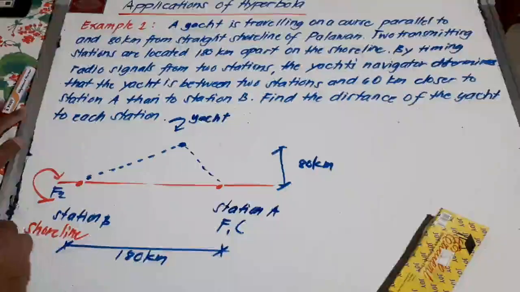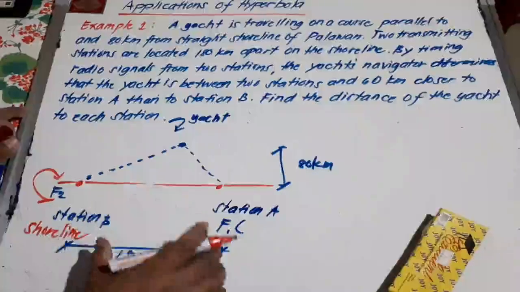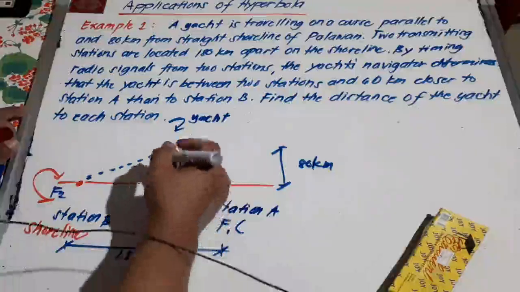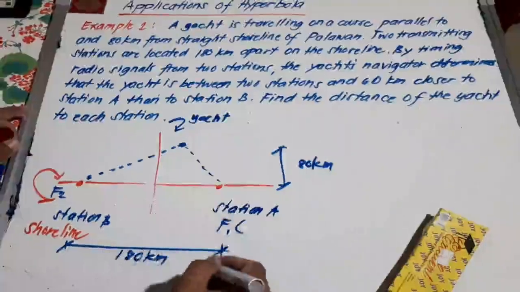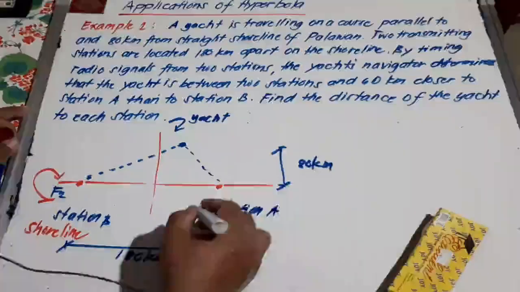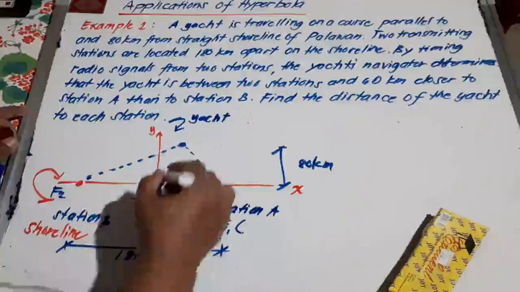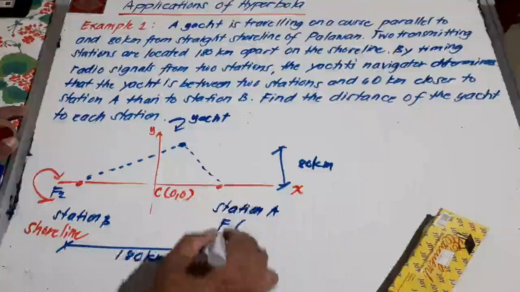Okay, 180 kilometers. So, makatuwid, if we're going to divide 180 kilometers into half, yun yung location ng center. Okay. So, ito yung sabihin natin yung x-axis, ito yung ating y-axis. So, sabihin natin, ang center of the hyperbola is located at the origin.